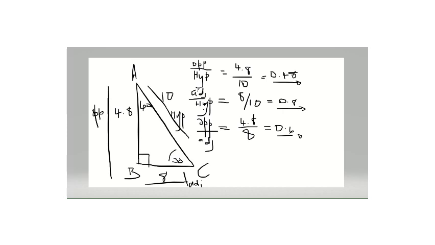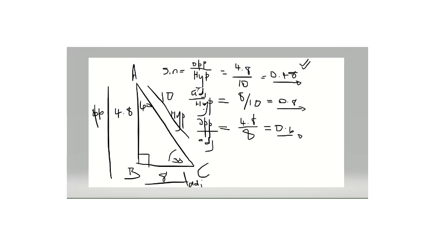It's 0.5. Which one among these answers is closest to 0.5? That is 0.48, which is opposite over hypotenuse, right? So we can conclude that sine is always equal to opposite over hypotenuse.